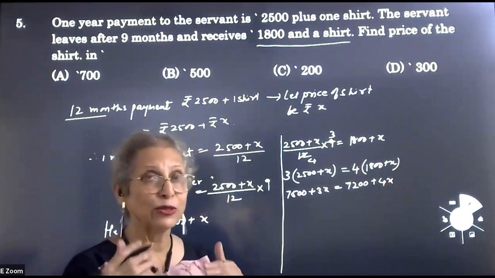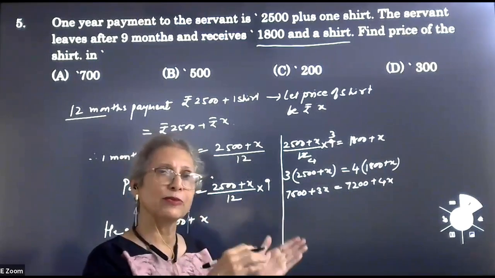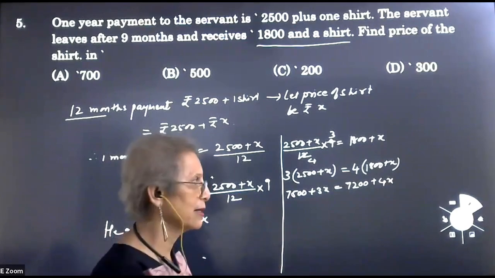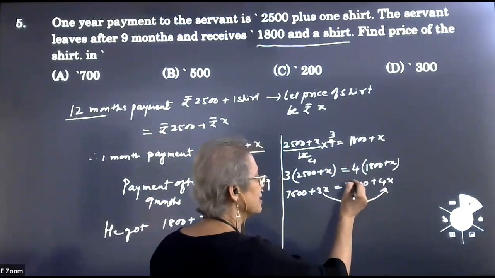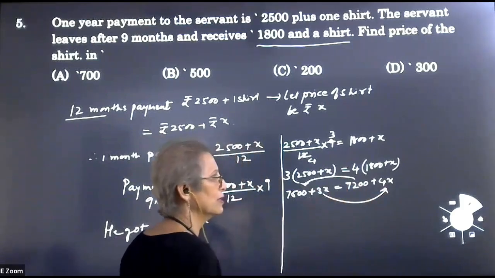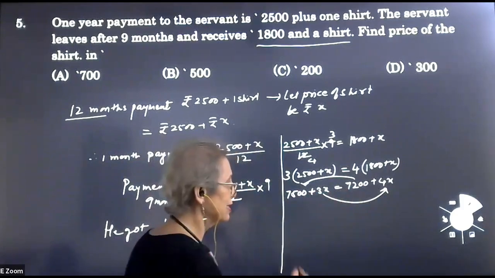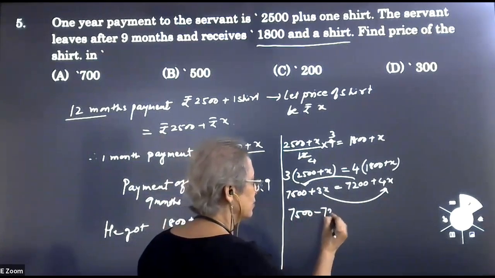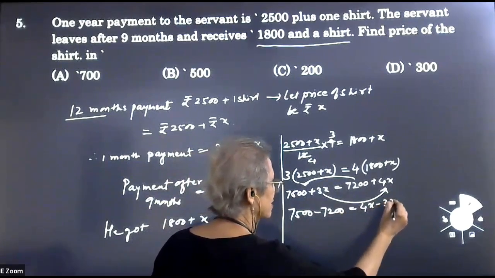Now, again, the rule we have to use is the transpose method. Both the variable terms should be on one side and both the number terms should be on the other side. So we will take 3x on this side and this 7200 on the other side. Naturally, the sign changes. So 7500 minus 7200 equal to 4x minus 3x.